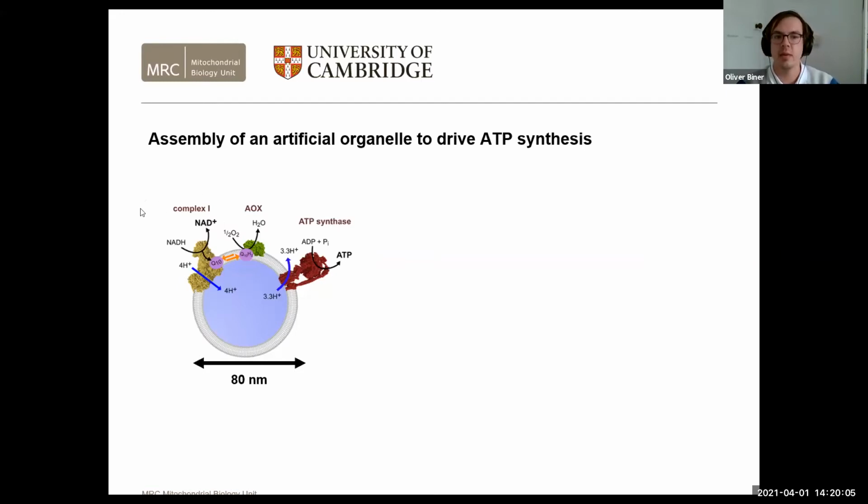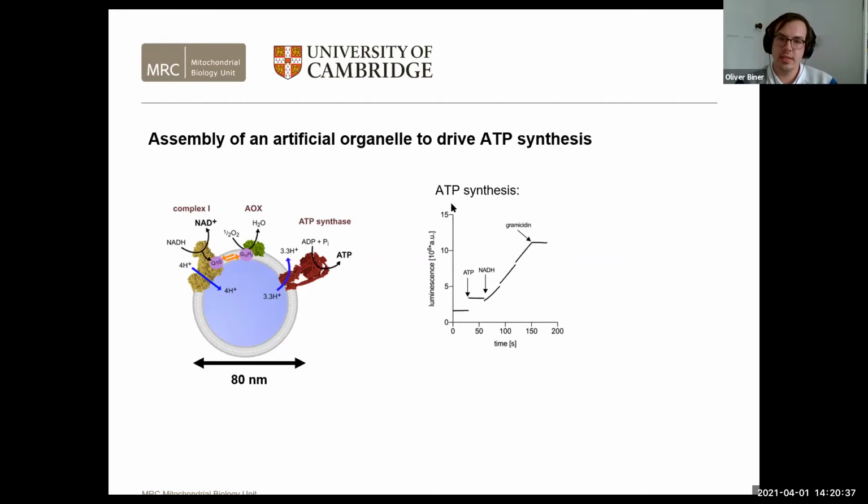And when you add now NADH to this system, so that's the electron donor, protons will pump into the vesicle. The electrons end up on quinone. The quinone will be recycled by a complex 4 protein that I isolated from E. coli. And then the proton motive force is used by the ATP synthase to produce ATP.